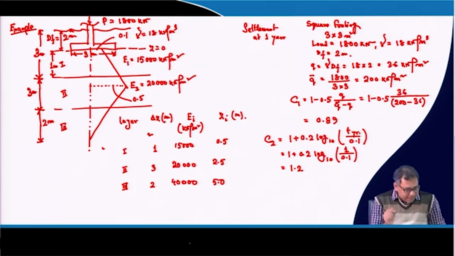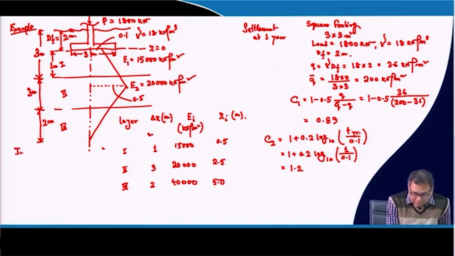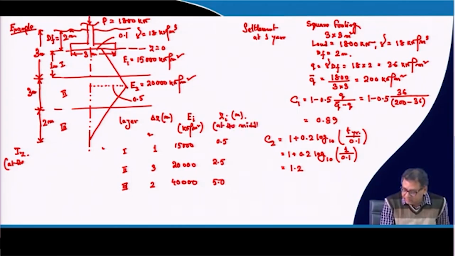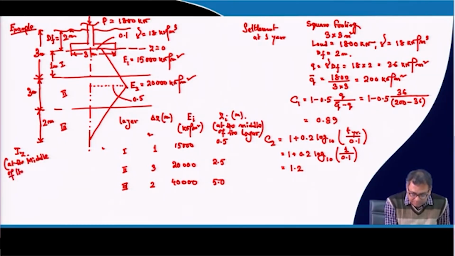So, now I will calculate the Iz value at the middle of the layer.